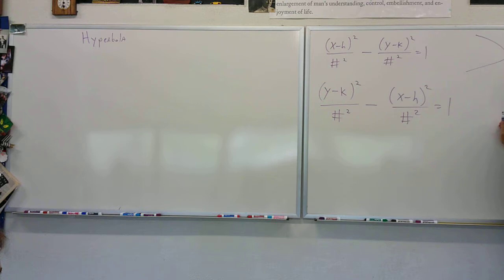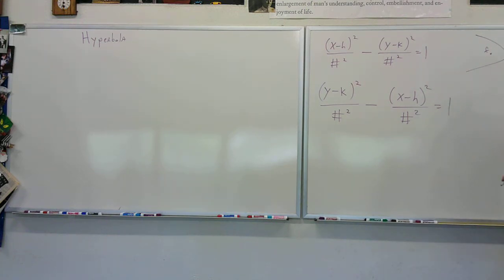Left and right. They really should line up better than I did, but here are the vertexes, and then the foci will be out here like so. That's what happens when you have X squared minus Y squared. They're going to be left and right.